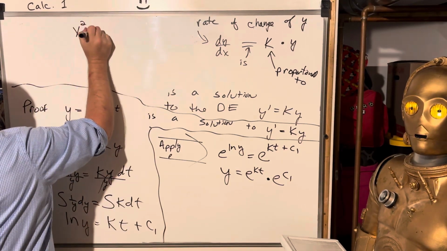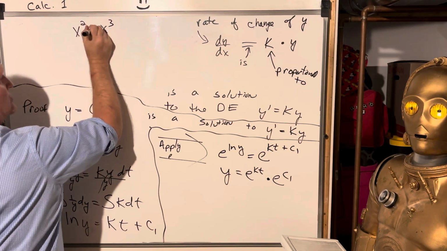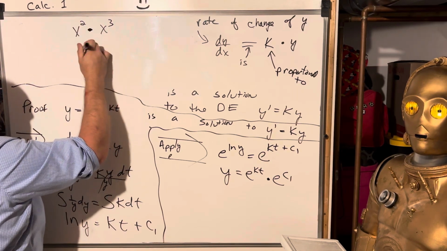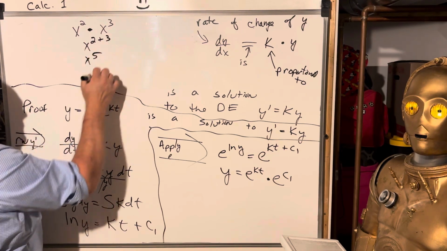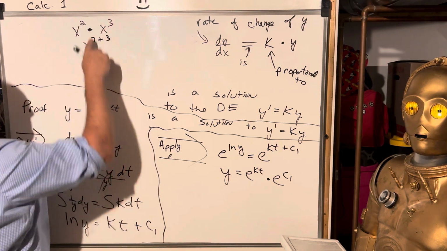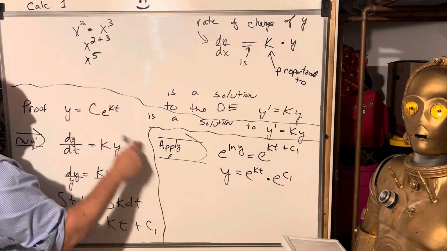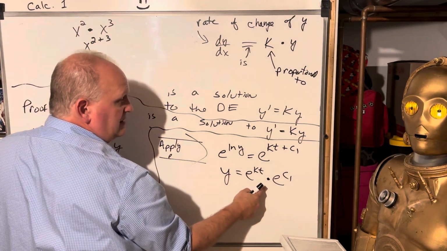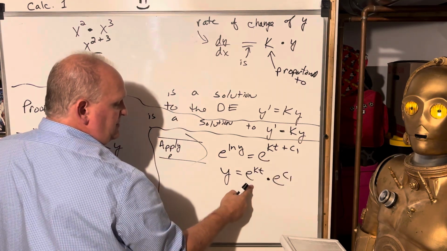X squared times x to the third was equal to x to the 2 plus 3, which is equal to x to the 5. So if I can go this way, I can go back the other way. I could take something that was added and then split it into two things. And that's what happened right there. So it was being added, and I just split it to the like base things being multiplied.